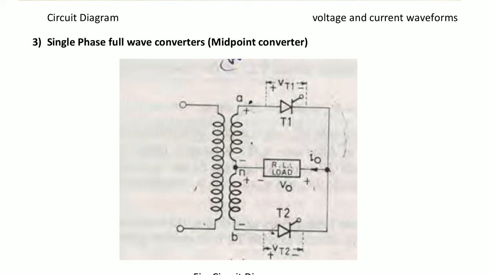So the current will flow from A through T1, through the load and again towards N. And during the negative half cycle, the output current will flow from B through T2, through the load towards N.